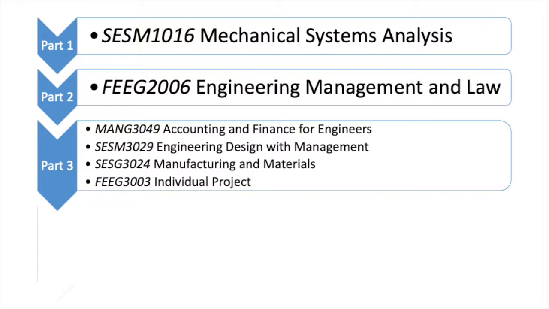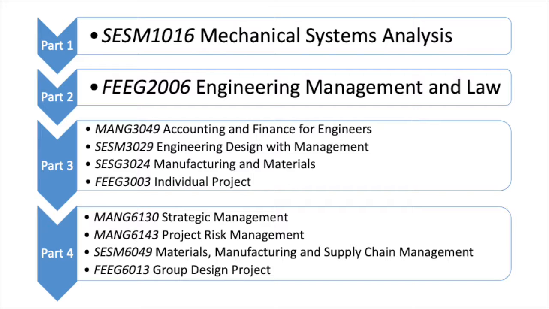Moving into year 3, you'll start to develop your specialisation a little bit more, and you'll be able to take modules such as accounting and finance for engineers. You'll also join other mechanical engineers in engineering design with management and manufacturing and materials. As well as that, there's the individual project, which is a large part of this year, and I'll say a little bit more about that in terms of the engineering management theme shortly.